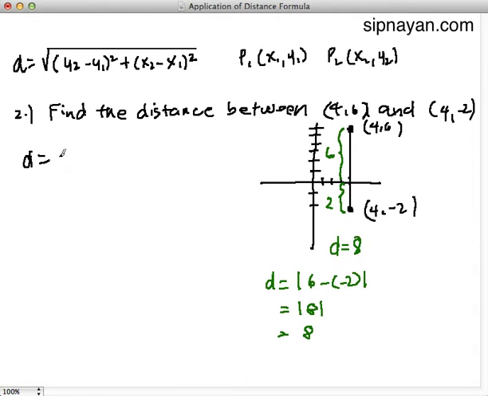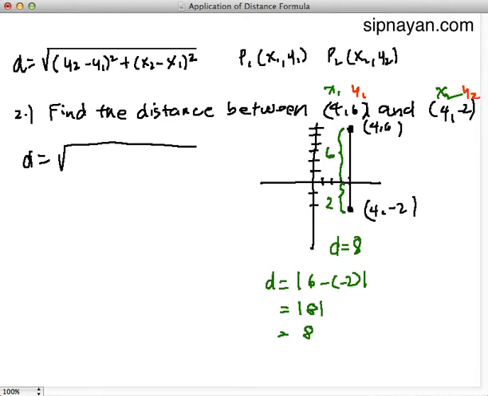Ano? So we have, again, i-label natin. This is x sub 1, y sub 1, x sub 1, x sub 2. Pareho yung kulay ng x. And then y sub 1, y sub 2. No?